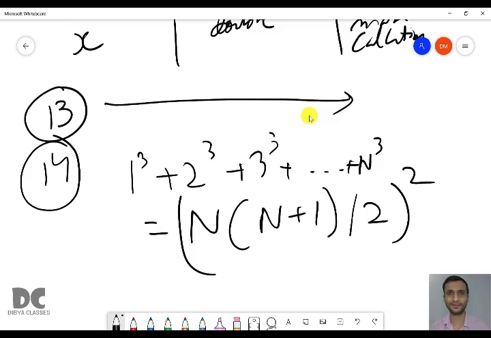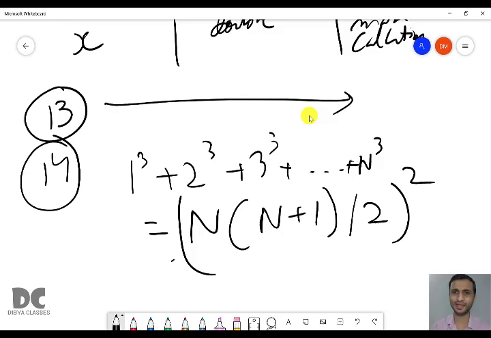So if you want to add the cube of first 10 natural numbers, then you get some answer. Without adding and taking time, you can use this formula to get the same answer.